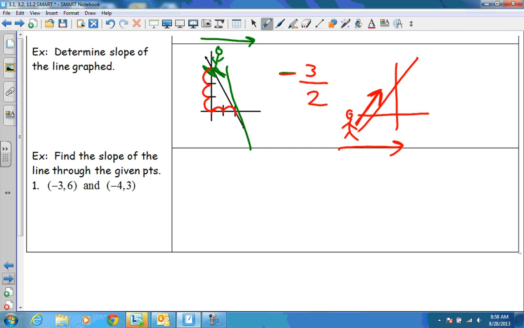Now what if I gave you 2 points? What equation would you use? Yeah, go for it. Go find that slope. You guys can do this. You've been doing slope for a while, right?